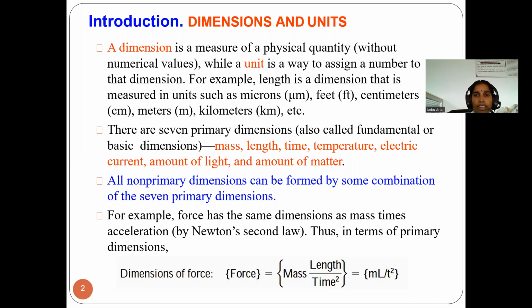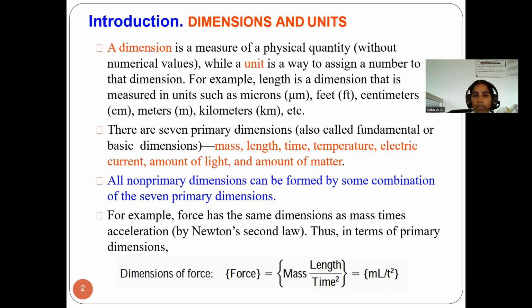For example, length is a dimension that is measured in units such as microns, feet, centimeters, meters, kilometers, etc. There are seven primary dimensions, called fundamental or basic dimensions: mass, length, time, temperature, electric current, amount of light, and amount of matter.